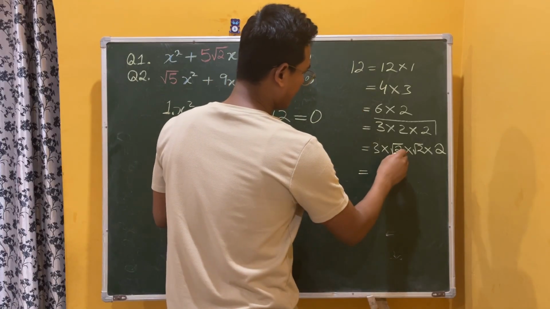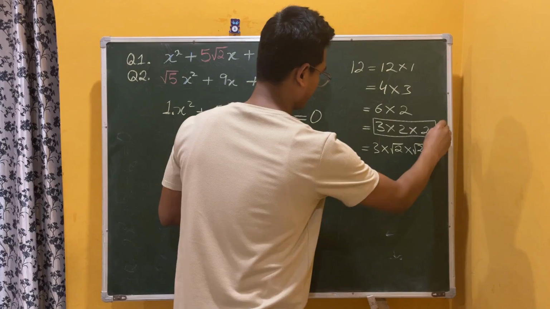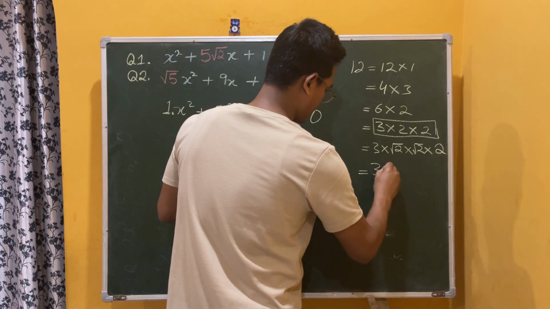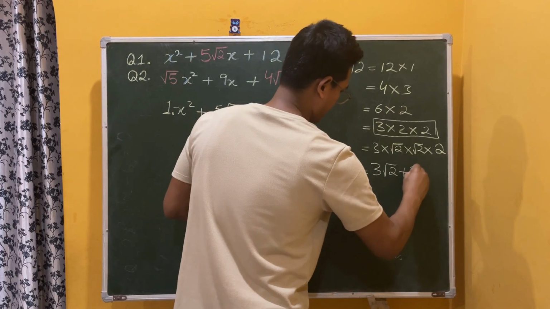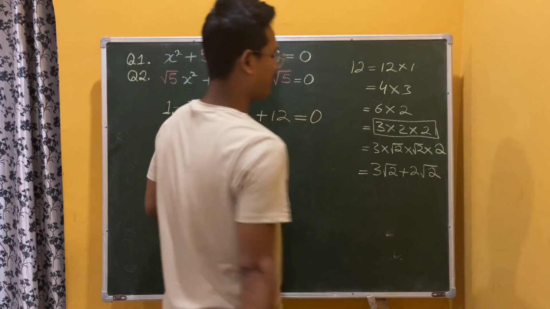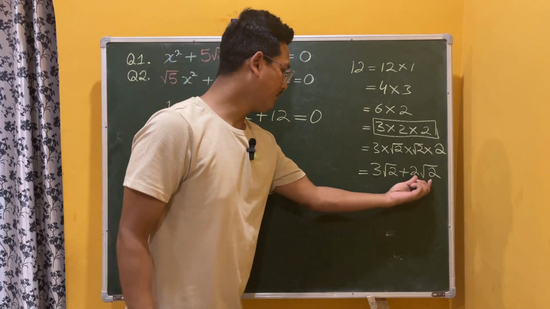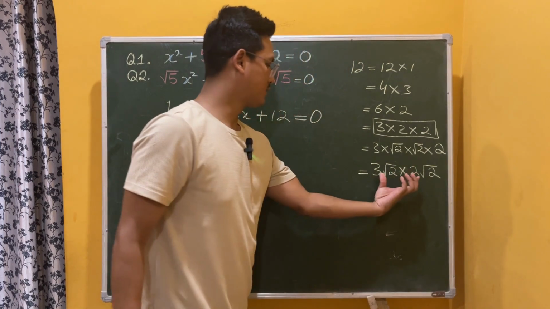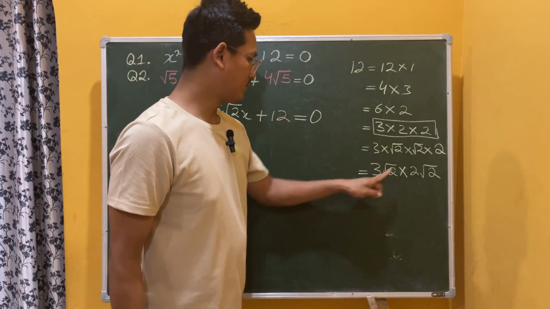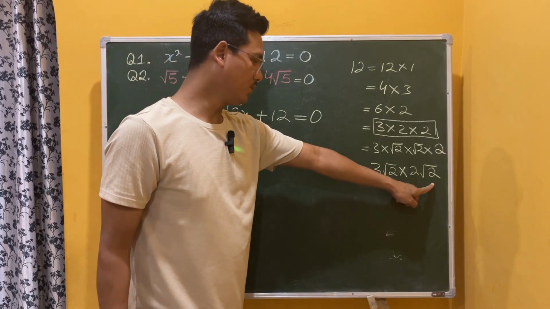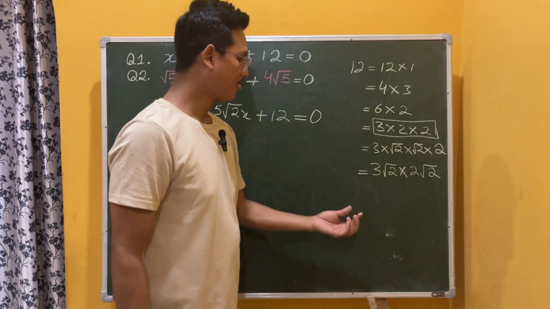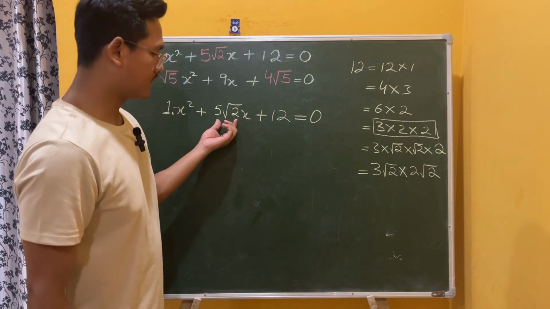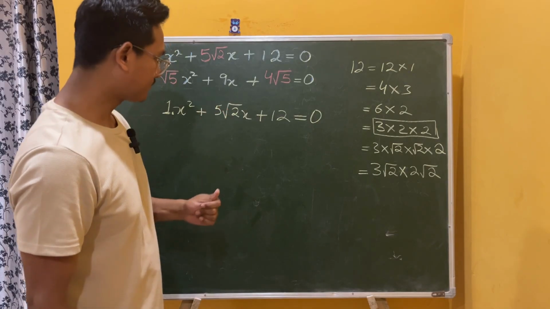Next, rearrange these numbers. If you multiply them, it is 12: 3 2s are 6, root 2 into root 2 is 2, so 6 times 2 is 12. And if you add them, the answer is 5 root 2.